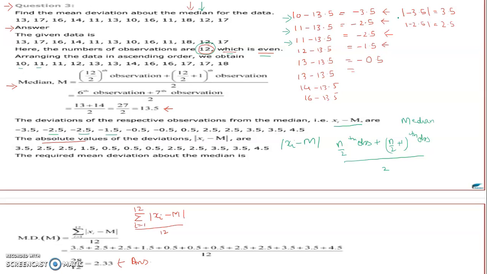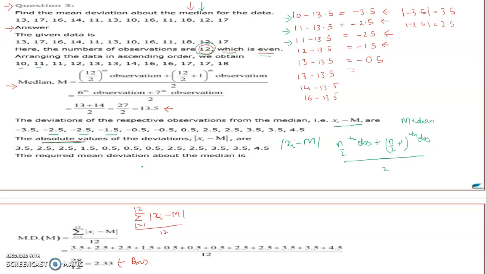These bars mean absolute value, the absolute values of the deviation xi minus m. So its negative will be removed. Don't waste time calculating; directly write absolute values. Negative will become positive, and positive will remain positive. 2.5 will be 2.5 only.